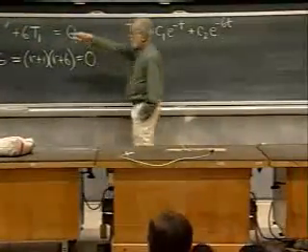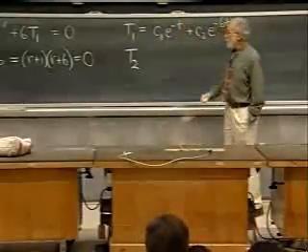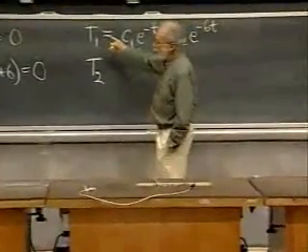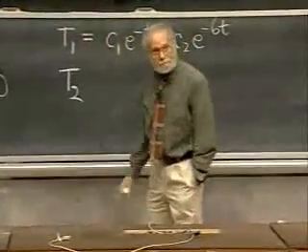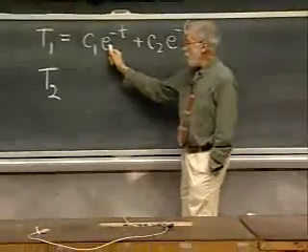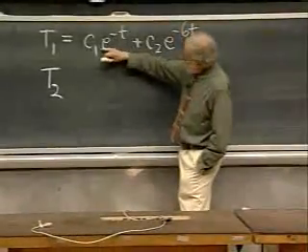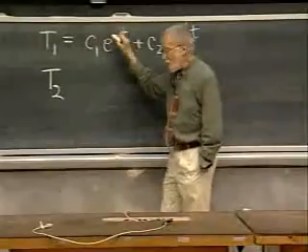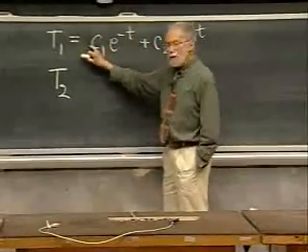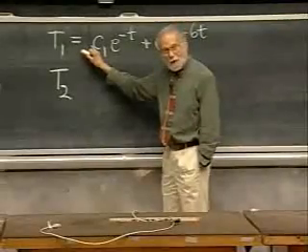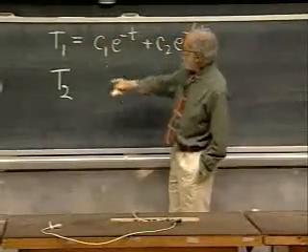So T2 is calculated from that pink box. So it is 1/2 of T1 prime plus T1. Now, if I take the derivative of this, I get minus C1 times the exponential. So the coefficient is minus C1. Take half of that, that's minus 1/2 C1, and add it to T1.